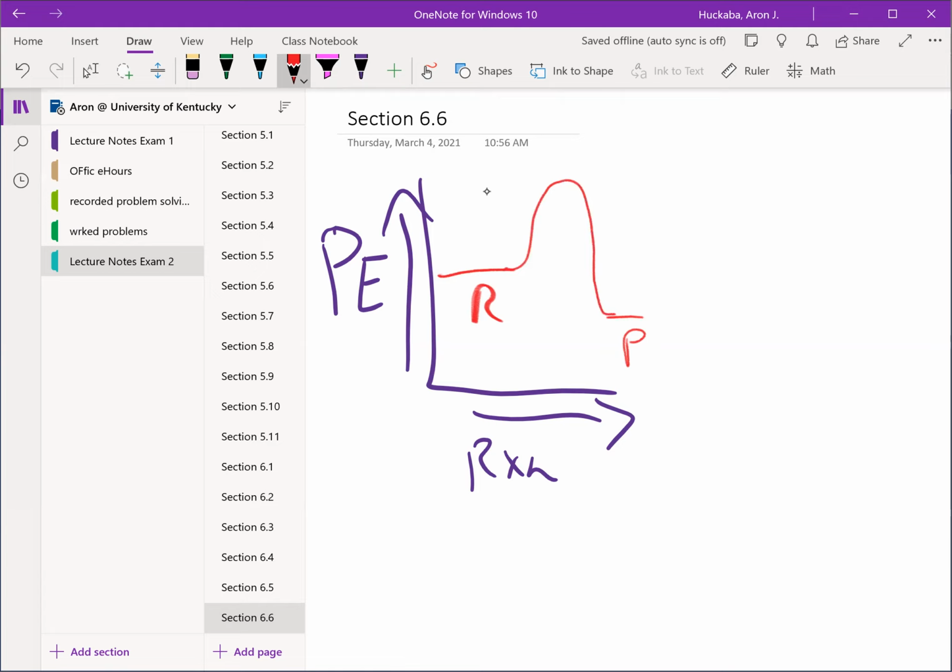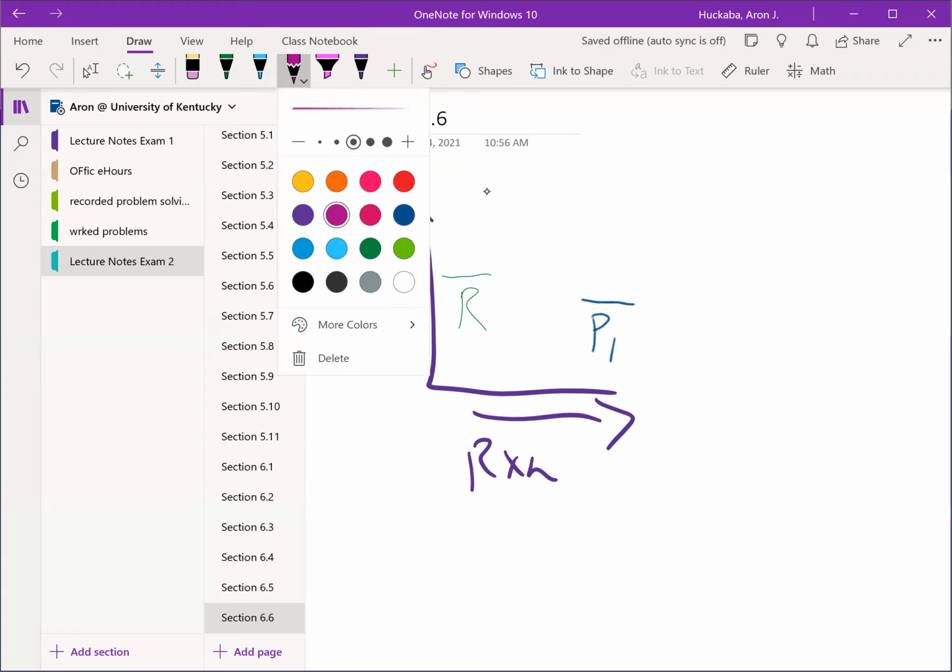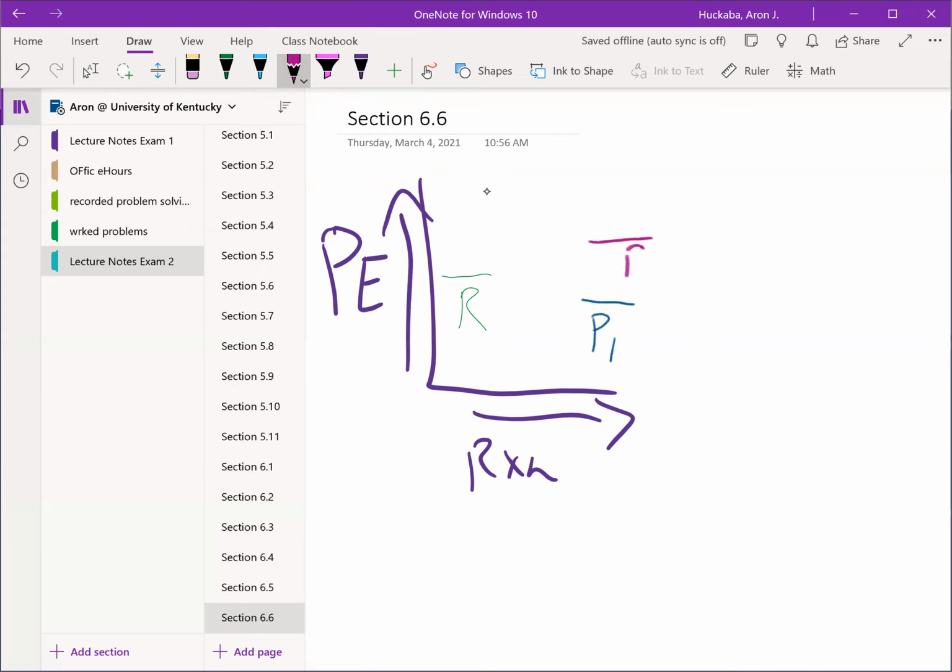But what if you have the case where you could make two different products? So what does that mean? Instead of this very simple example, what if we have reactants here, and they can go to product one here, or product two.